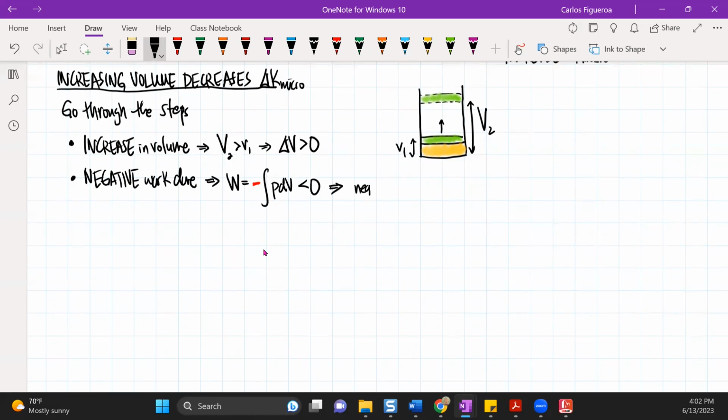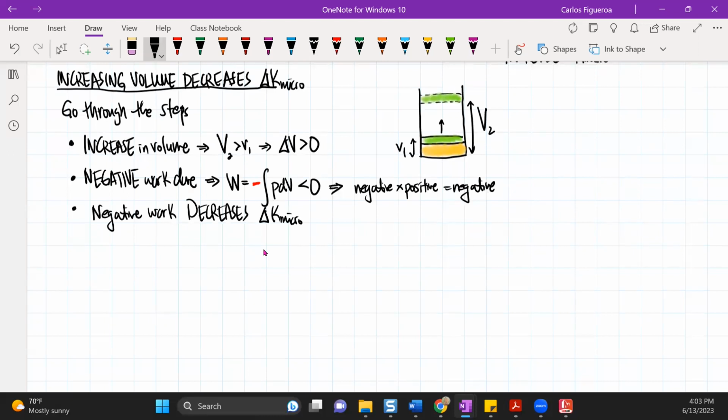So I have a negative times a positive, which of course gives me a negative. That's why it's negative. So now what we say here is negative work decreases K micro.